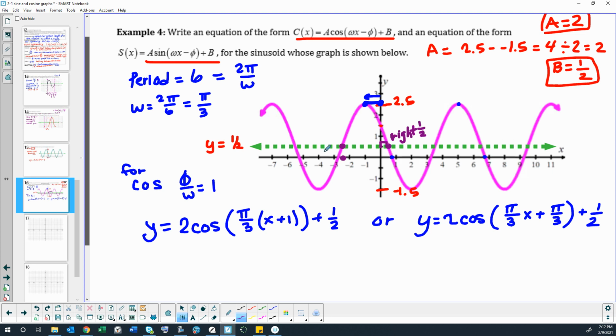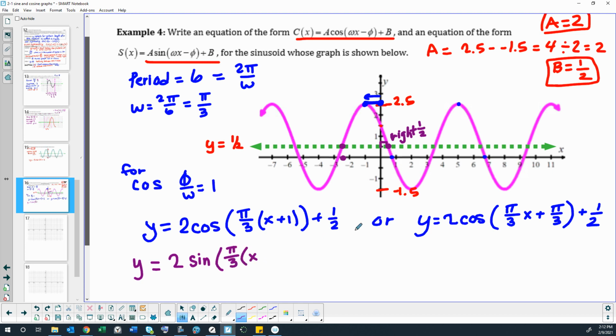The reason I'm looking at this on the midline instead of on the x-axis is because it's already been moved up 1. So it's best to base that phase shift before you move it up. So I'm just looking at it on the midline. Okay, so for sine, we would have y equals 2 sine, same exact omega because it's the same period.